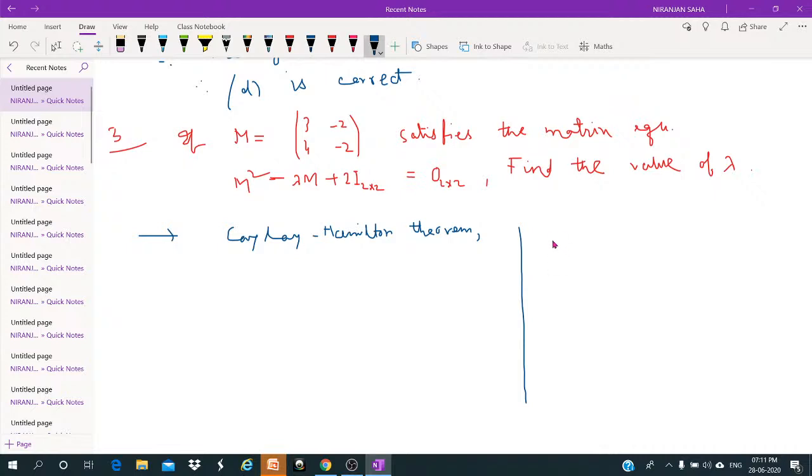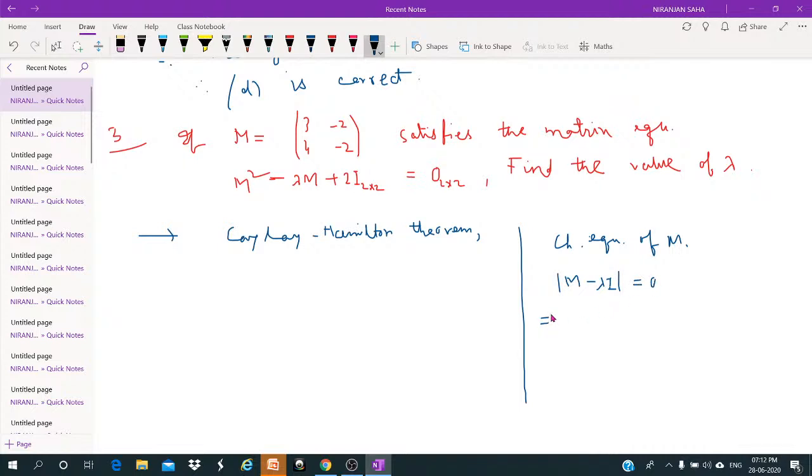So the characteristic equation of the matrix A is determinant of A minus lambda I equal to 0. So this must be equal to 0.